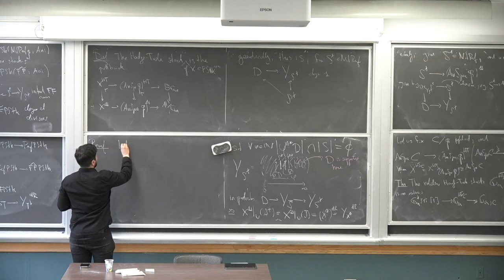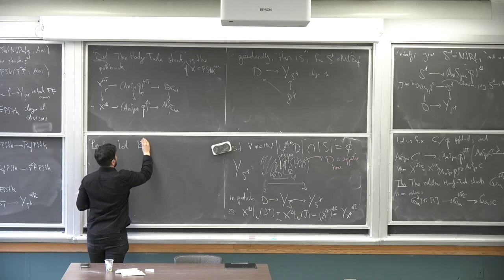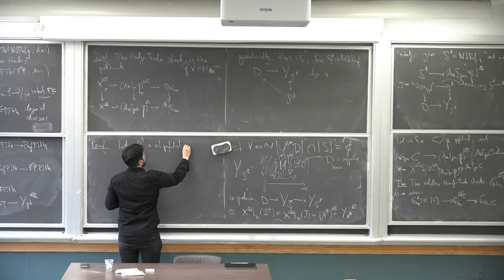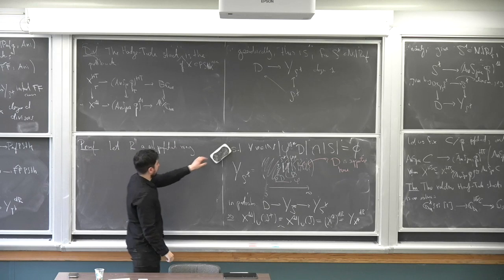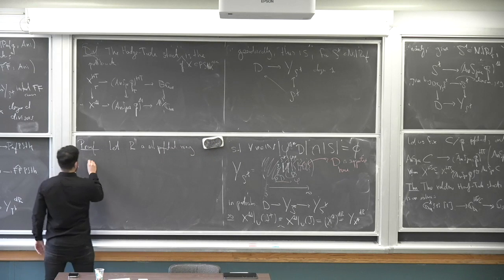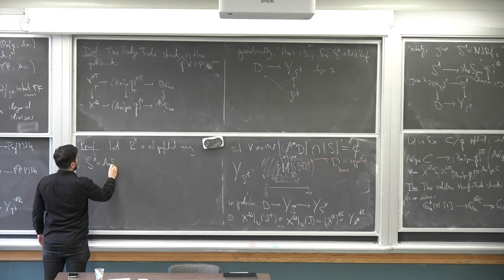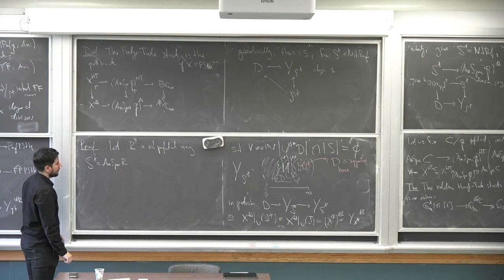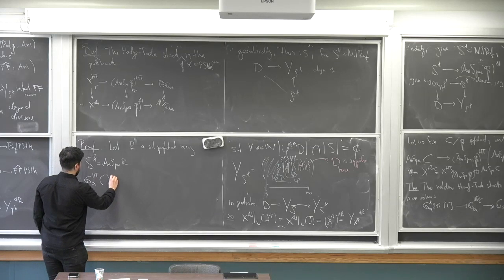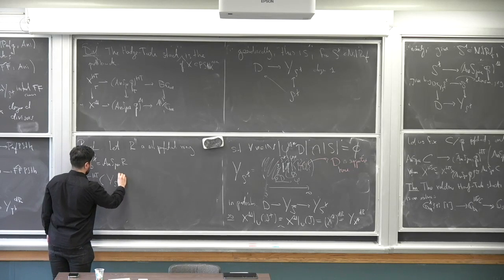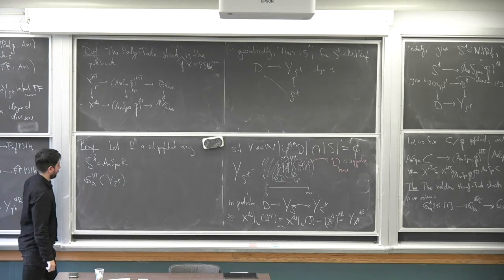Again, maybe let me take our imperfectoid ring. So we want to evaluate this Hodge state stack. So we called the Hodge state stack.